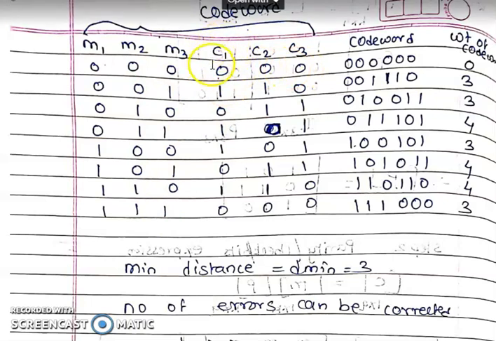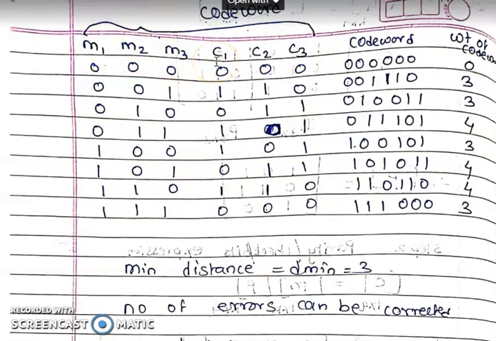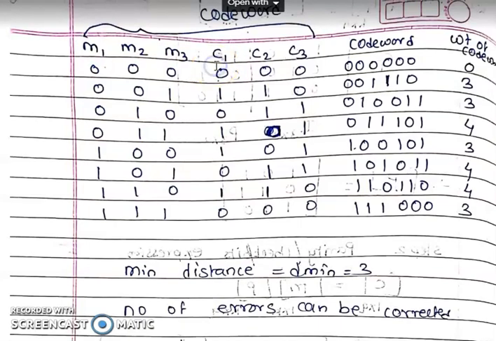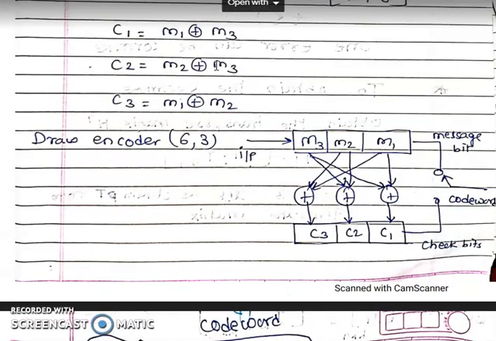Depending upon the equations of C1, C2 and C3, I will XOR the bits M1, M2, M3. The equation for C1 is M1 XORing M3, C2 is M2 XORing M3, and C3 is M1 XORing M2.